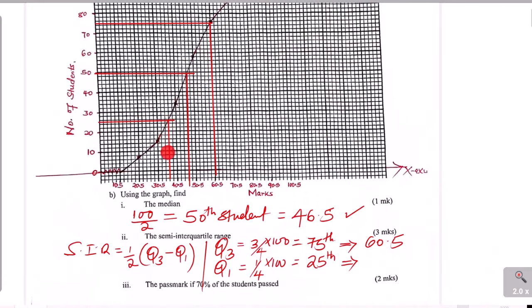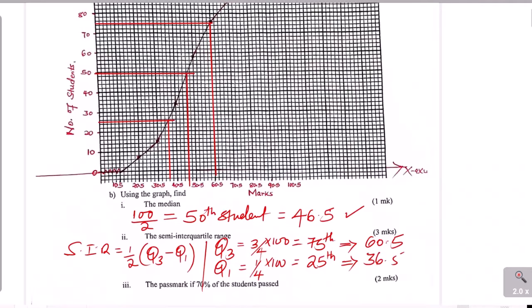At this point you drop down, so this will be the value. Let me read this. This is 32.5, 34, 36.5. That will be 36.5.